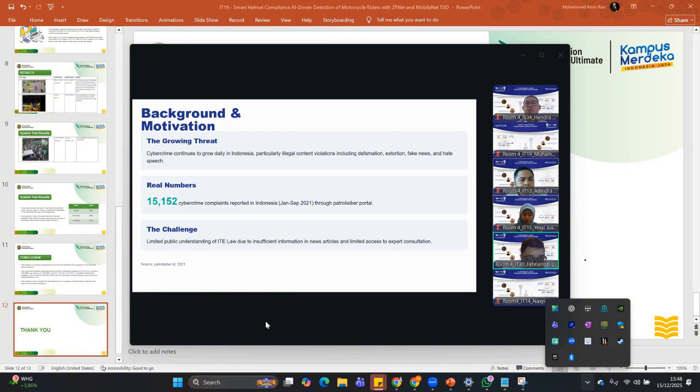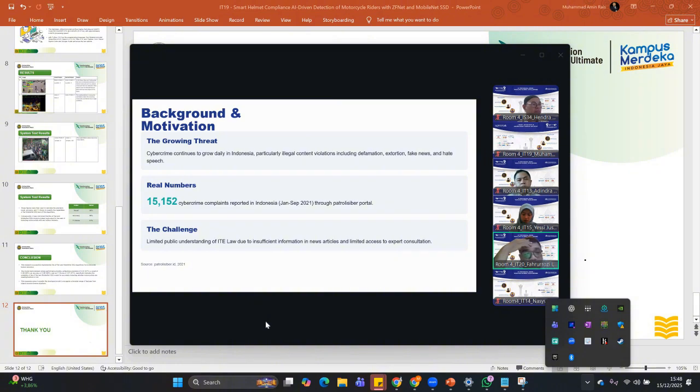From January to September 2021 alone, we have 50,000 cybercrime complaints reported through the Patroli Cyber portal. This represents a significant and growing threat to our digital society.